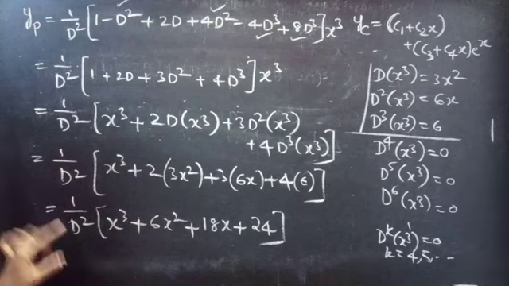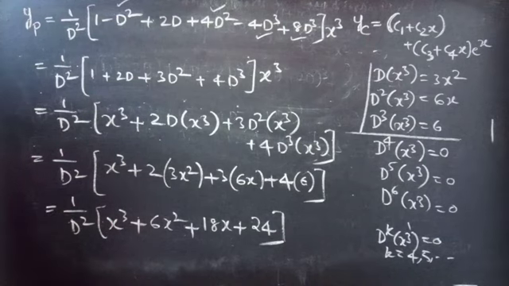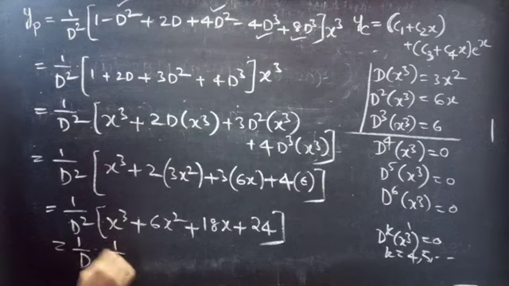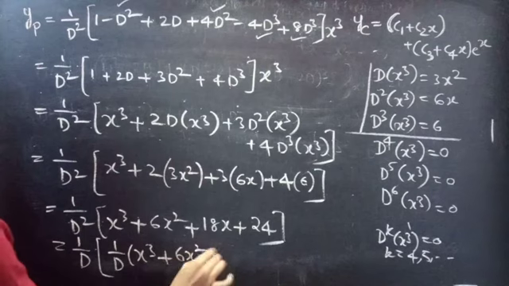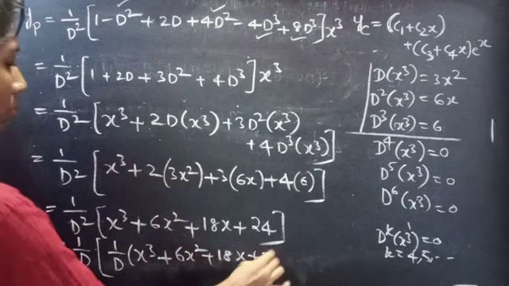Now we need to operate 1 by D square, right? We can write it as 1 by D into 1 by D into x cube plus 6x square plus 18x plus 24.